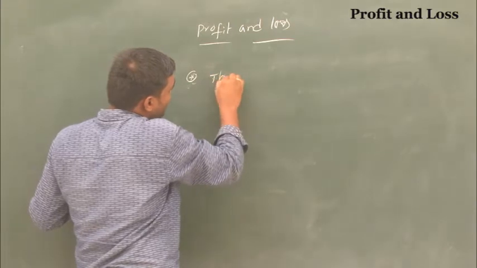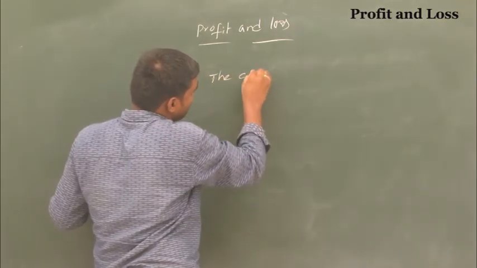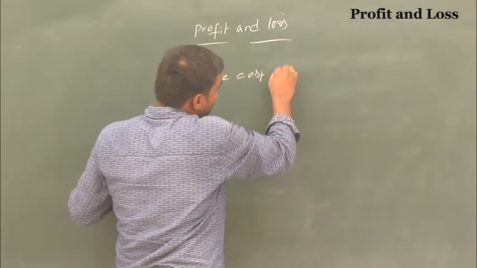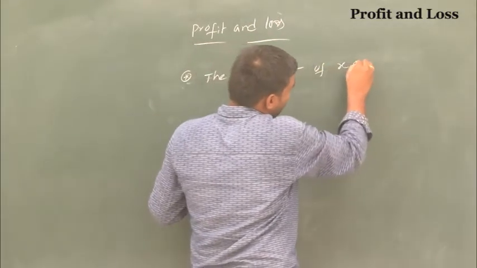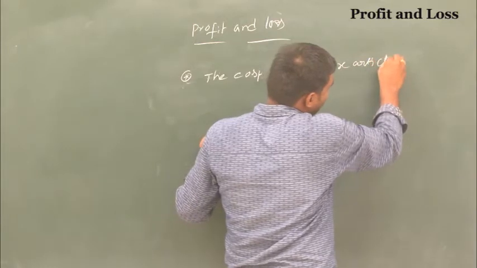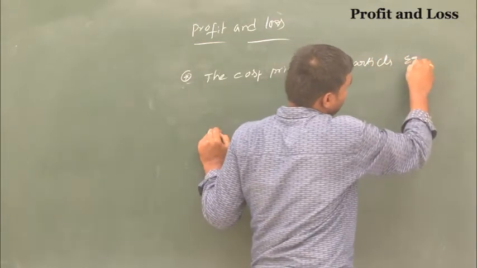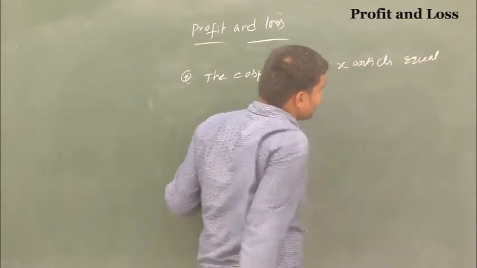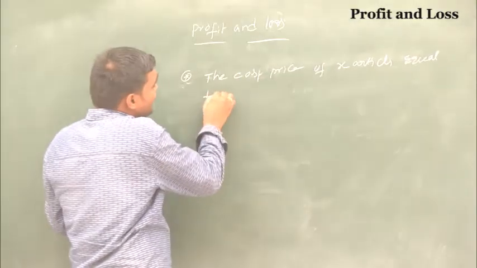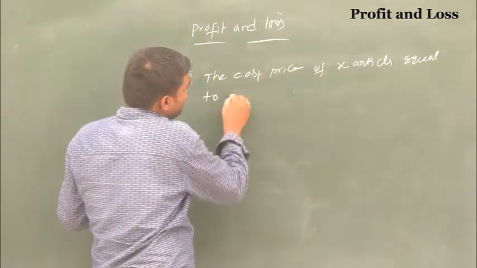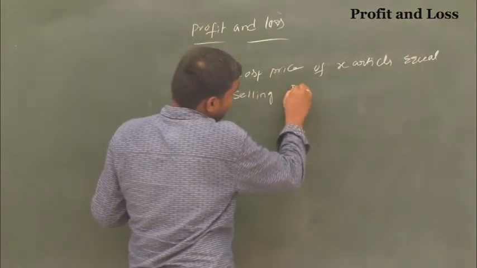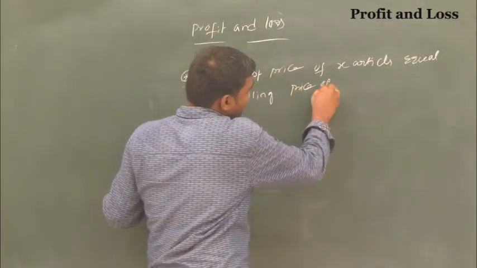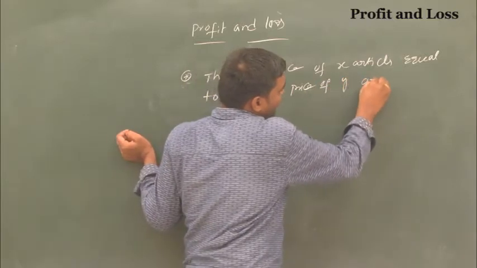The next: the cost price of X articles equals the selling price of Y articles.